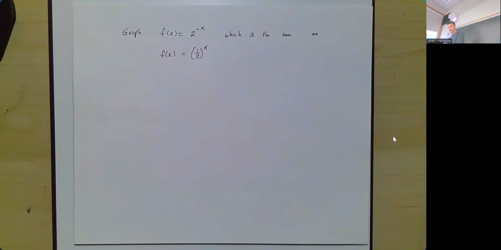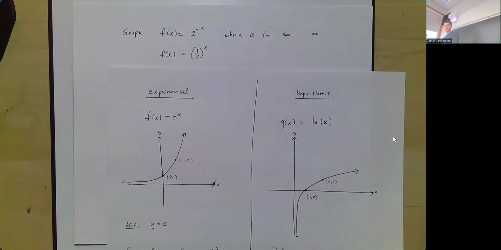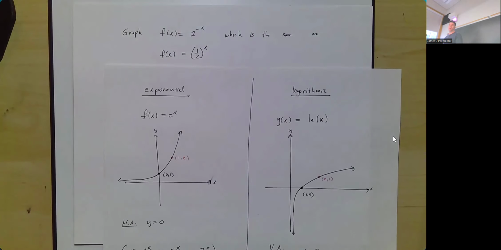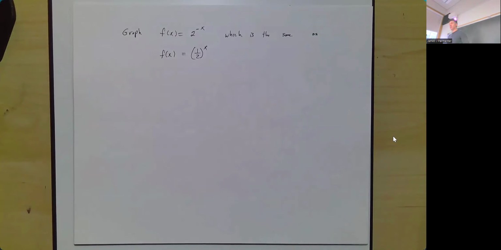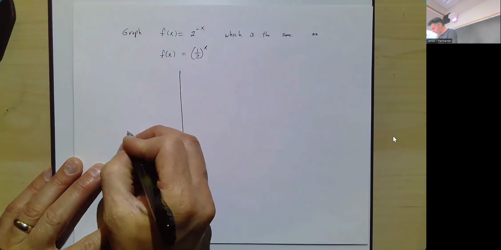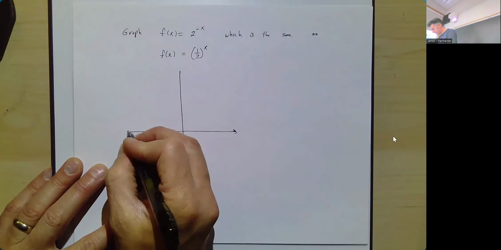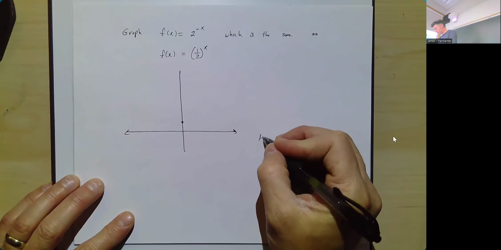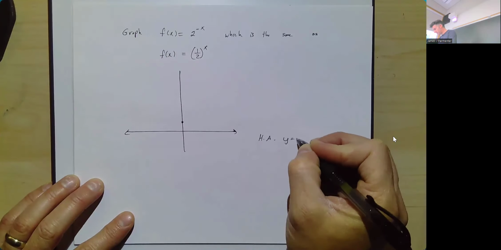The only difference between this graph and the previous exponential function is that instead of increasing from left to right, it is going to be decreasing from left to right. So this graph has the same shape, just reflected across the y-axis. It still has an intercept at (0, 1), and still has a horizontal asymptote of y equal to 0.